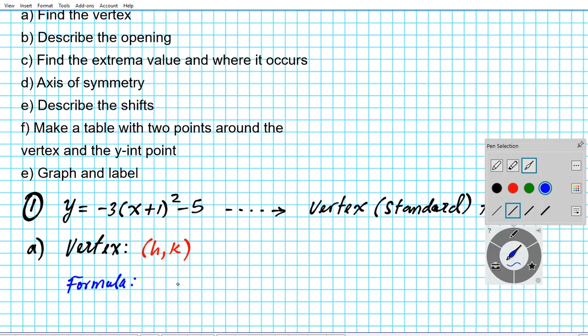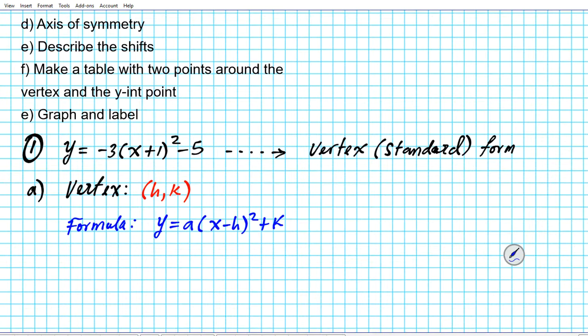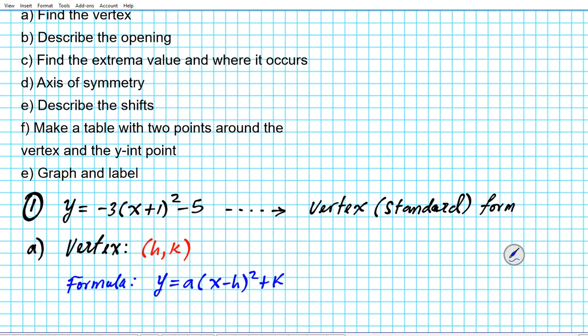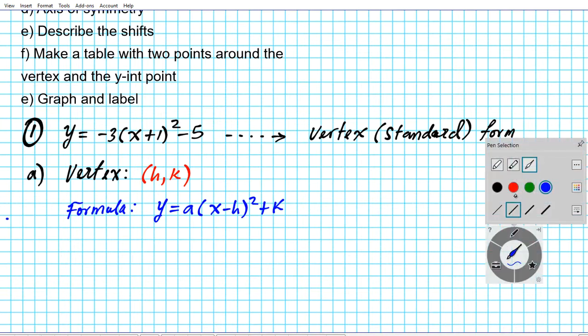We're going to write down the formula for the vertex form of all quadratic functions: y equals a times (x minus h) squared plus k. Now let's place the equation under consideration underneath the formula and see what the values of h and k are. So the problem we're dealing with is y equals negative 3 times (x plus 1) squared minus 5.